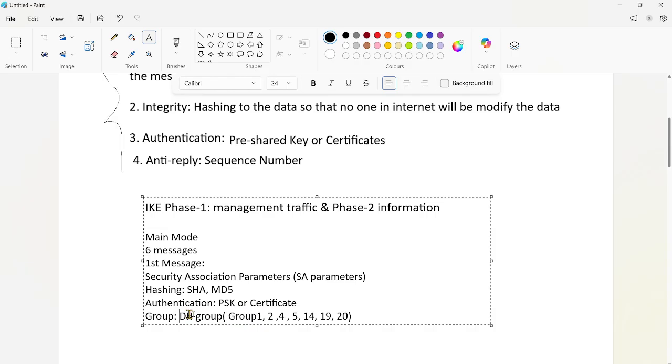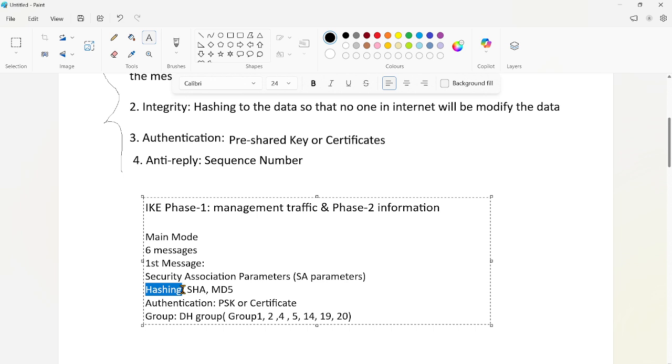We already have a hashing algorithm hashing your data, so no one on the internet is able to modify your information.